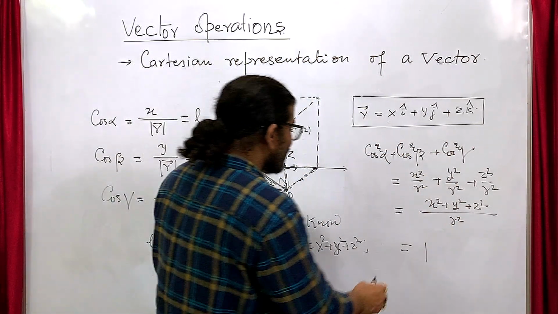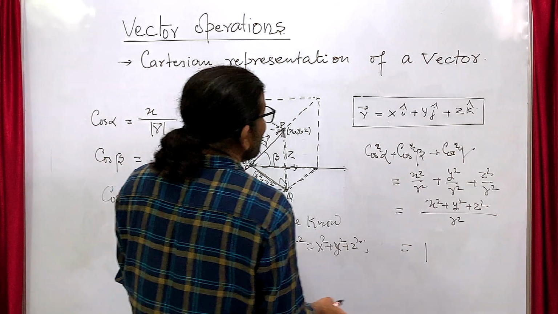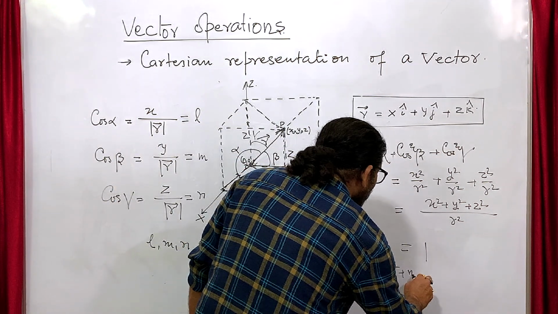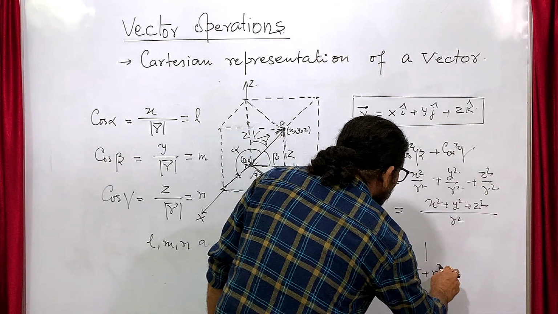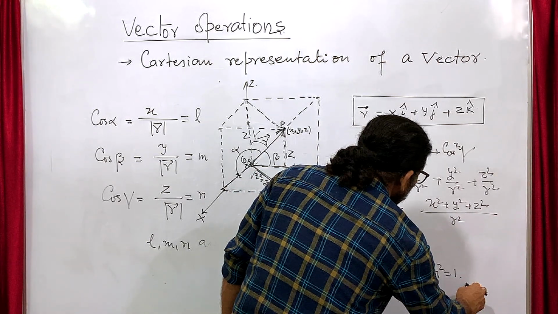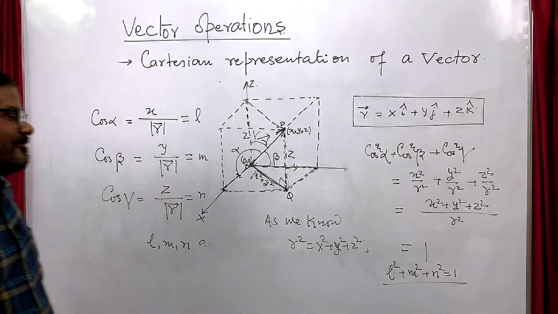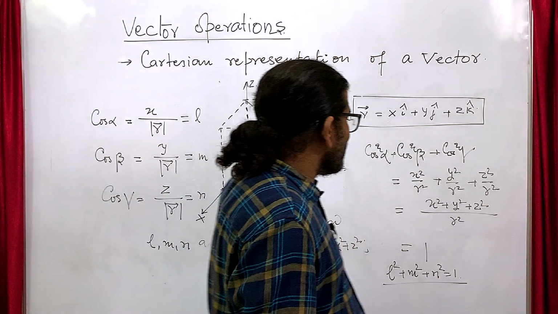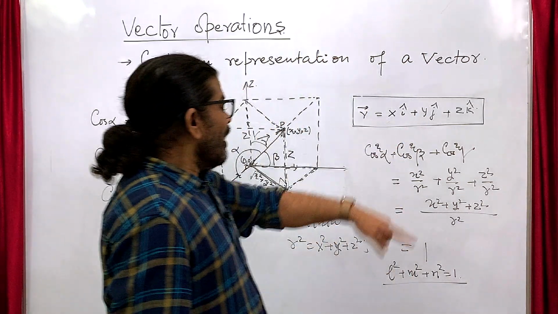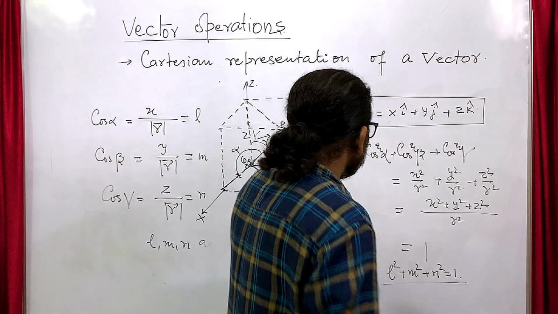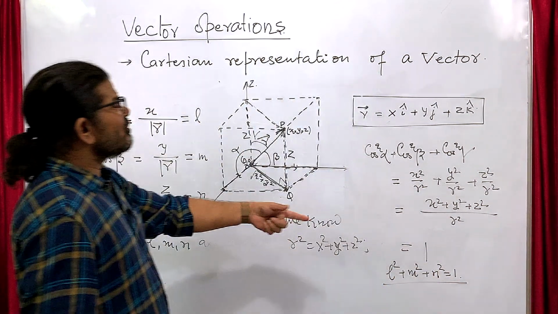So we can write l square plus m square plus n square is also equal to 1, because l represents cos alpha, m represents cos beta, and n represents cos gamma. These are the direction cosines.